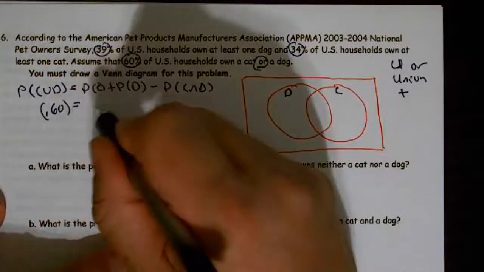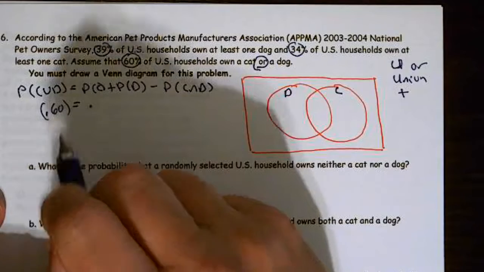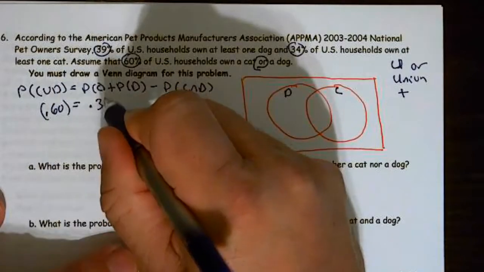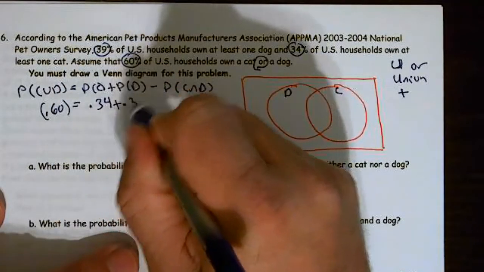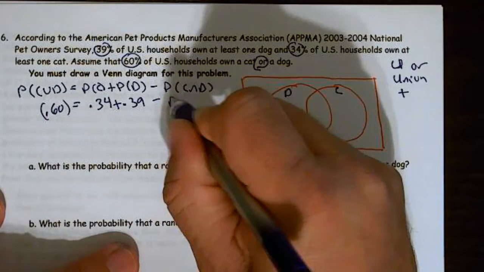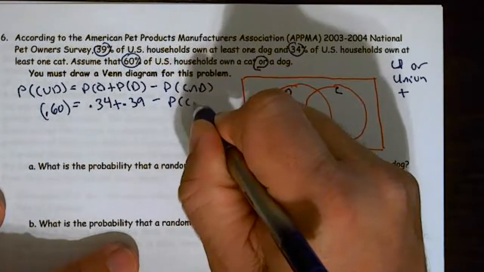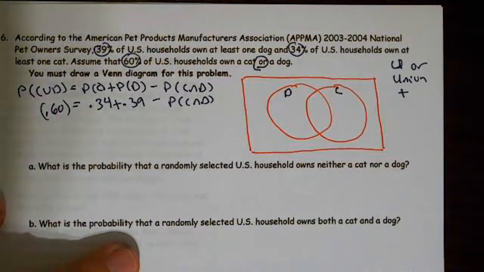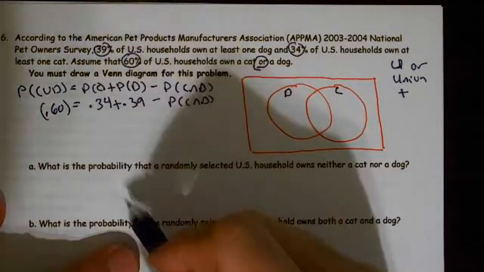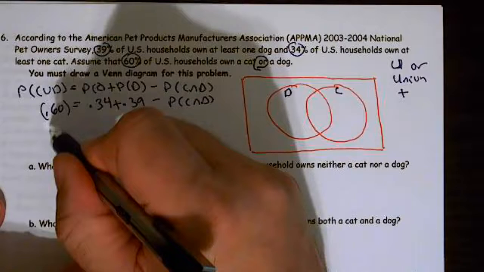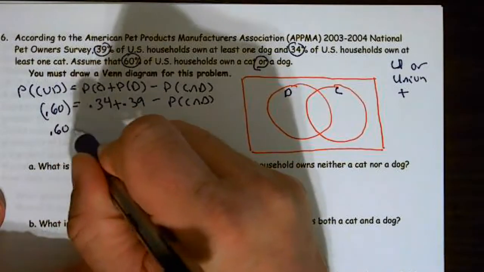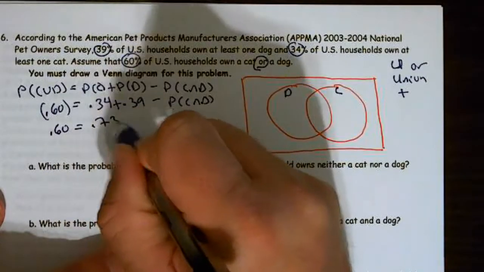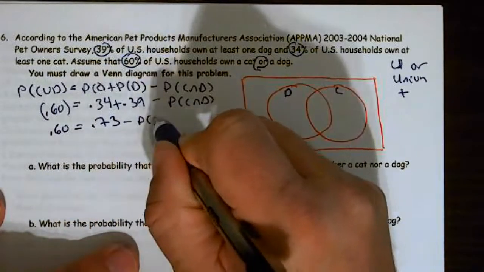So equals 0.34 for the cat plus 0.39 for the dog minus the probability of cat and dog. All right. So we have cat dog written right there. When we add that up, we end up getting 0.73. So 0.60 equals 0.73 minus the probability of cat dog.